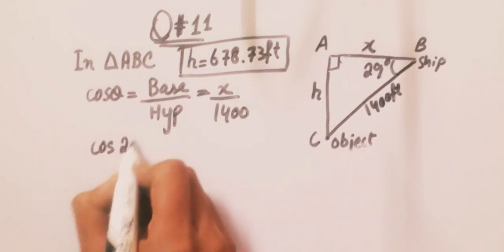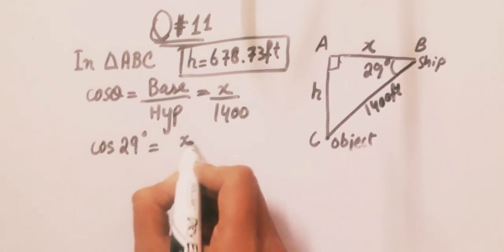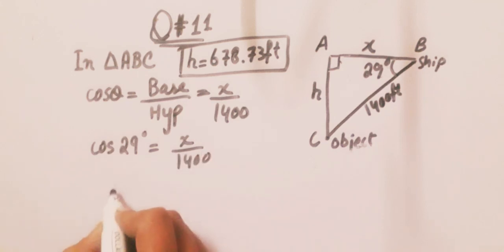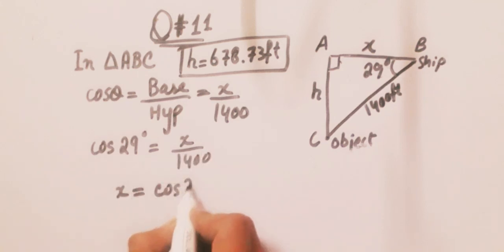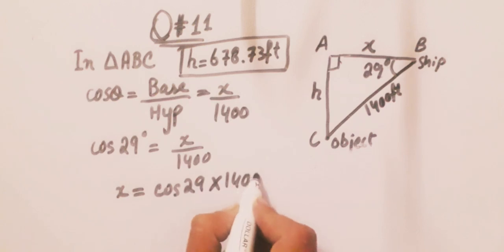So cos 29 is equal to x by 1400. So x is equal to cos 29 multiply by 1400.